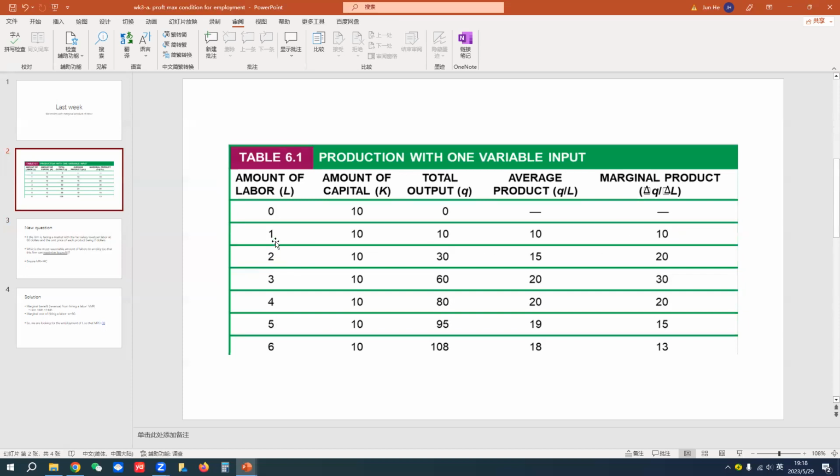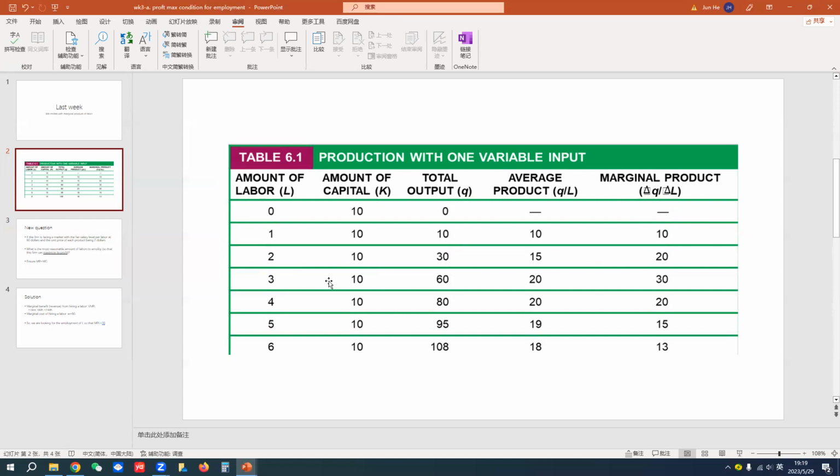And for the second one, now the total output increases to 30 from 10. So the increment in output is 20. That is to say, the second worker that you employ produces 20 units of output, right? And the third one, now look at 3, your total output increases from 30 to 60.